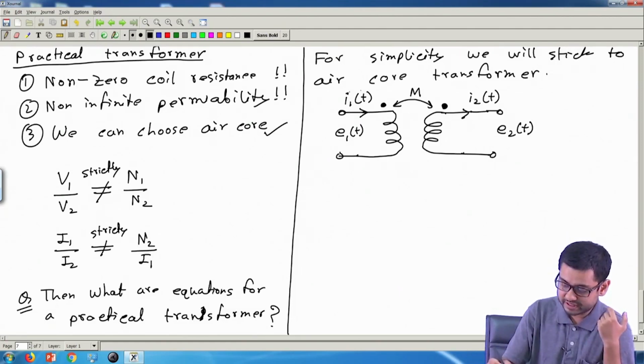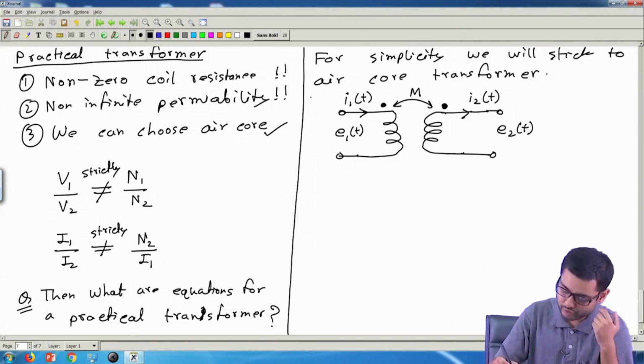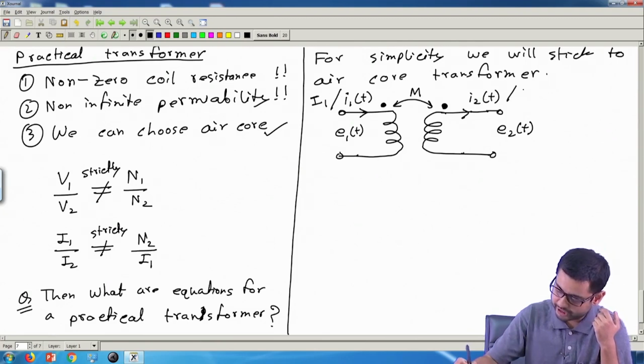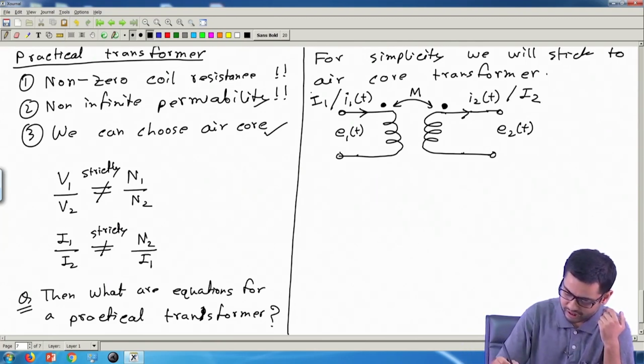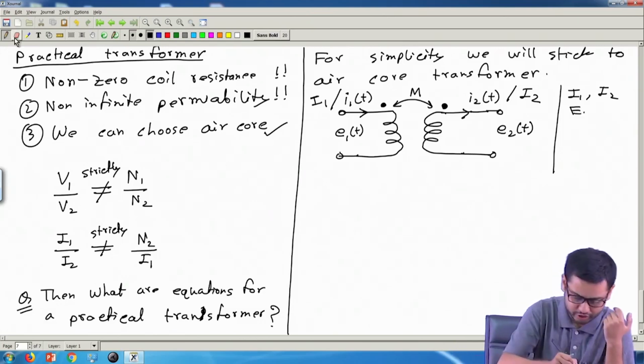Instead of writing these in terms of instantaneous values, I can also write them as phasor values: I1, I2, E1, E2, or you can call them V1, V2.